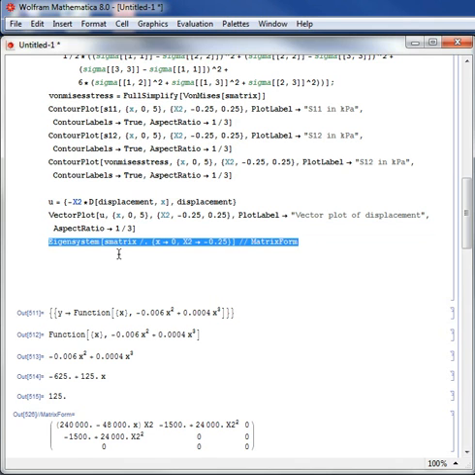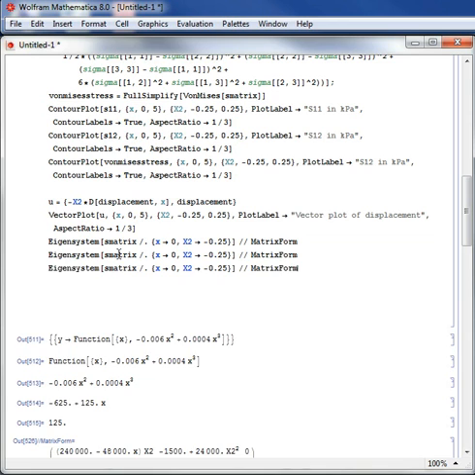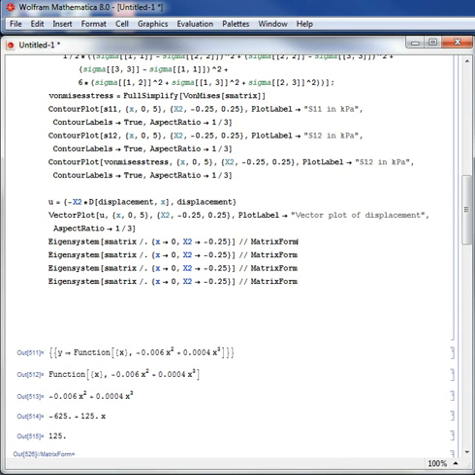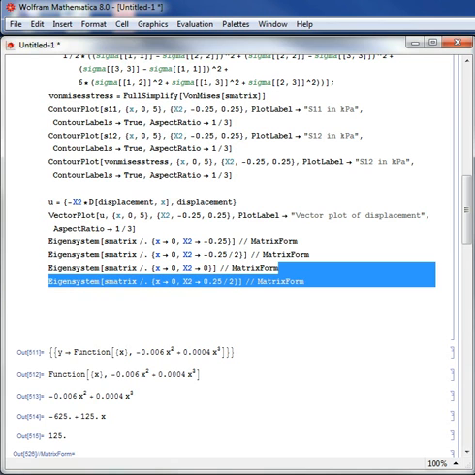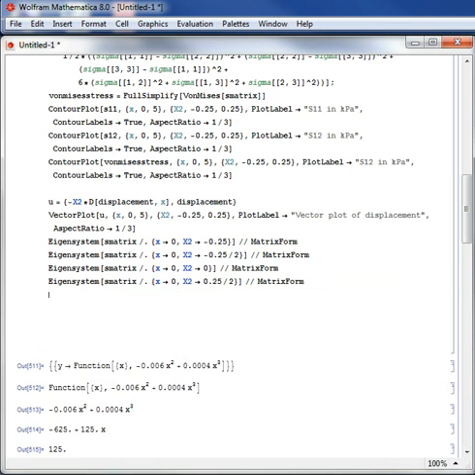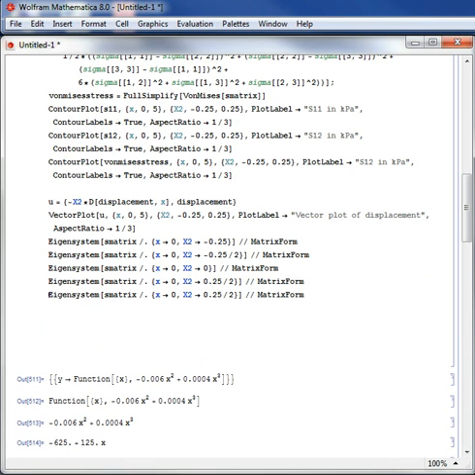I'm going to copy this and do it multiple times. All these times is when x is equal to 0, x2 is equal to negative 0.25 divided by 2, x2 is equal to 0, x2 is equal to positive 0.25 over 2, and finally at the top fiber of the beam is when x2 is equal to 0.25.